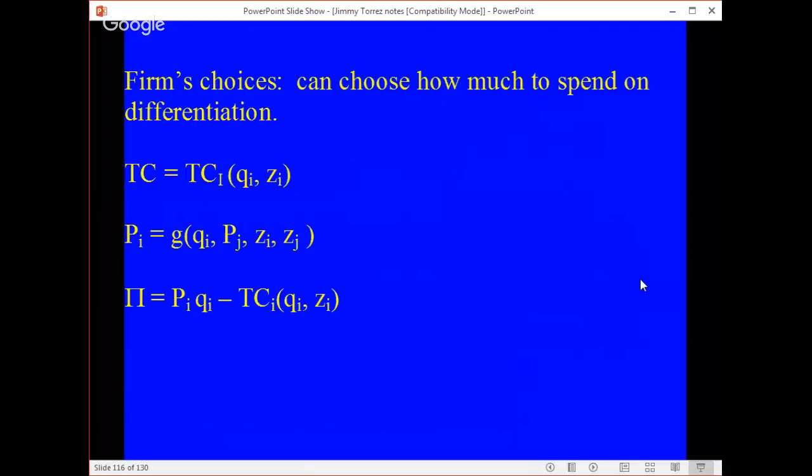So the price of i is going to be a function of how much I produce, how much I spend on differentiation, how much the prices of my competitors in the same product group are, and how much they spend on differentiation, trying to convince consumers that their stuff's better than mine. So therefore, profit is going to be P_i(Q_i) times Q_i minus total cost, which is a function of Z_i and Q_i.